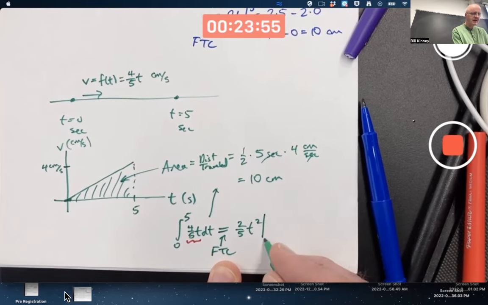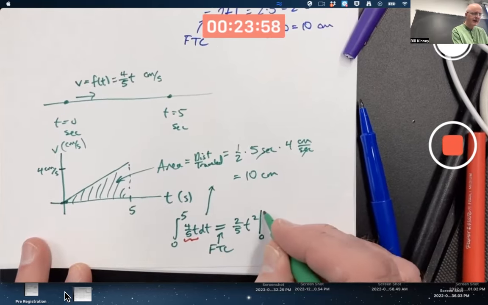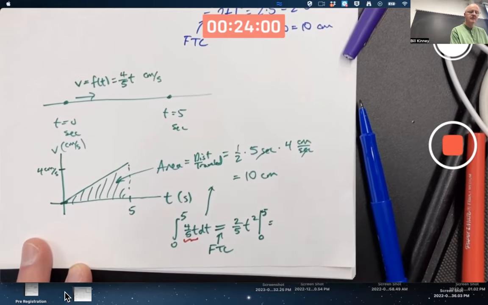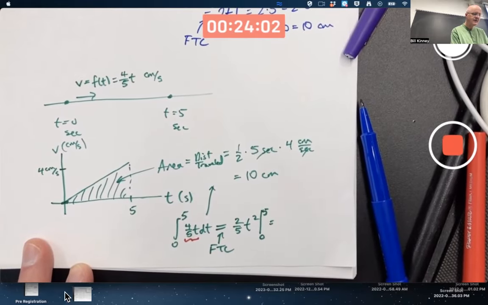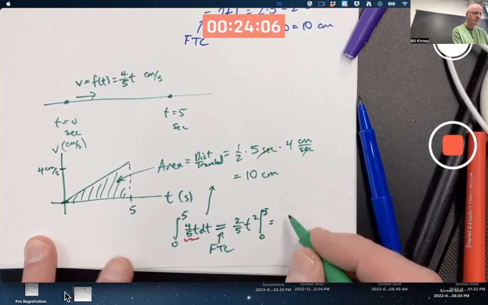Again, the vertical line here means evaluate this from 0 to 5, which means plug in 5 into this antiderivative and then subtract what you get when you plug in 0.